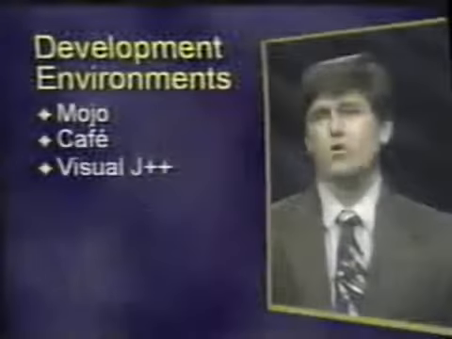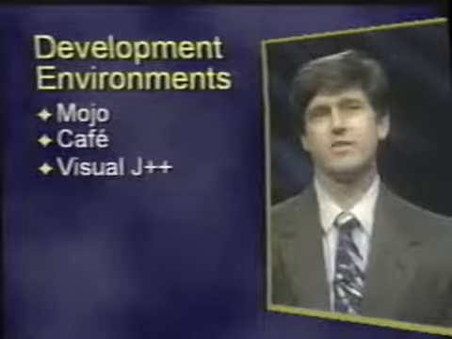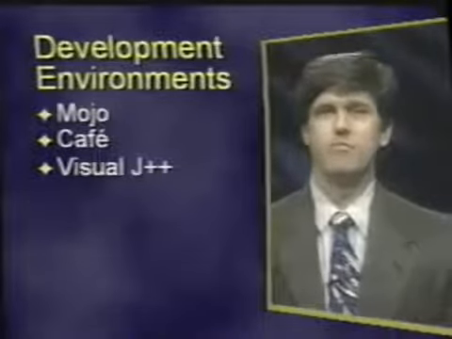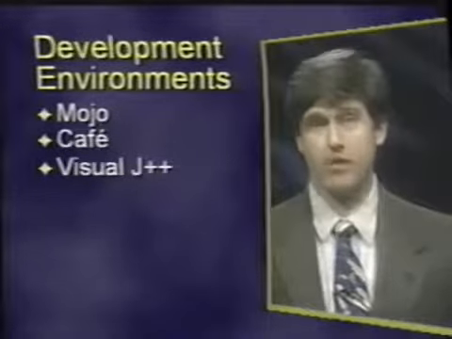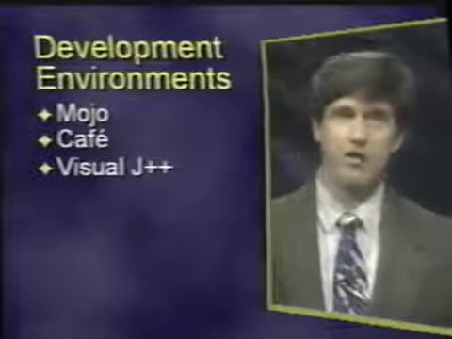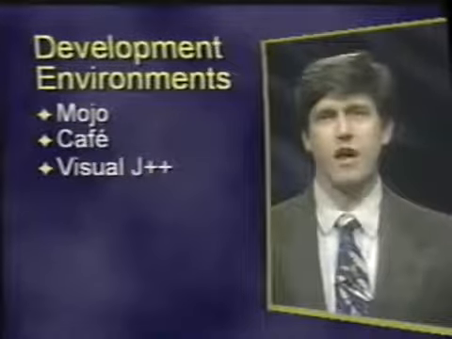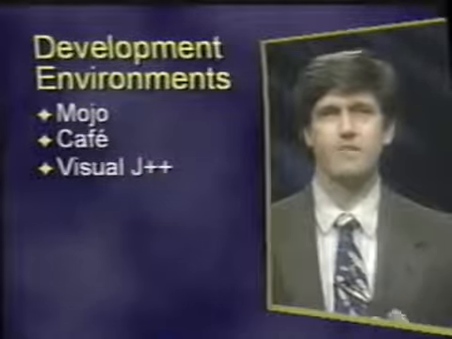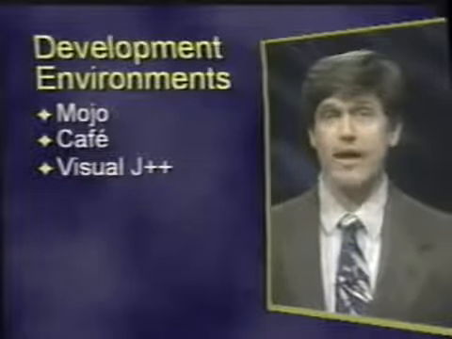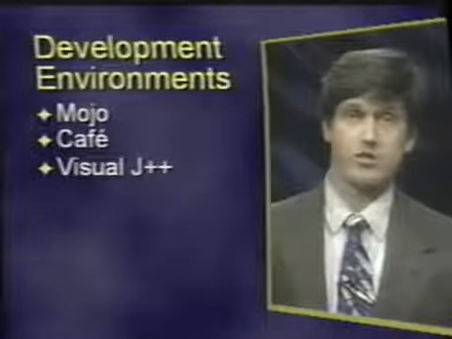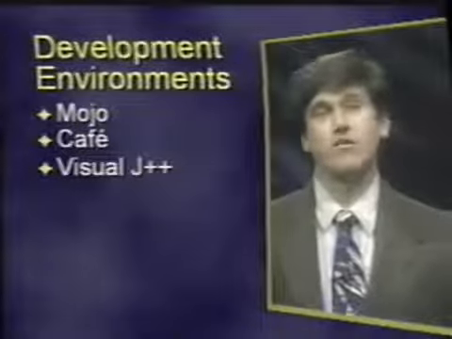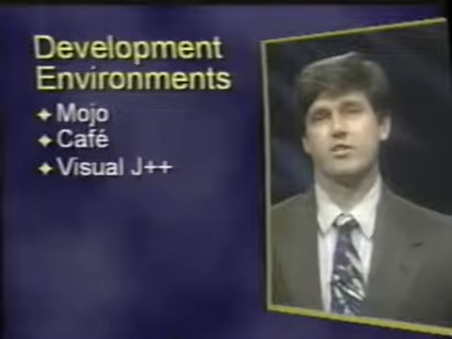There's Mojo, Cafe, Visual J++. There's a lot of options that have integrated development environments, that have these compilers built into them. There's a lot of things that you can grab commercially and free, such as the Java Development Kit, for developing your Java applications.